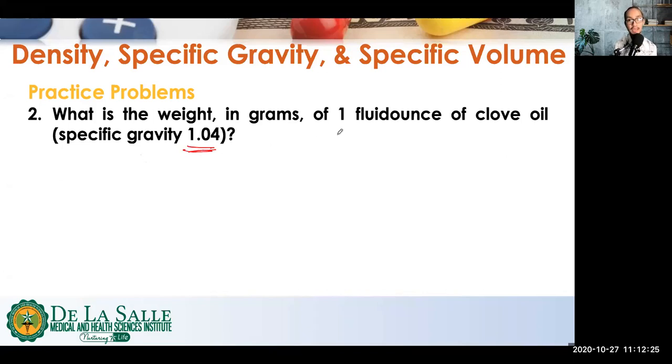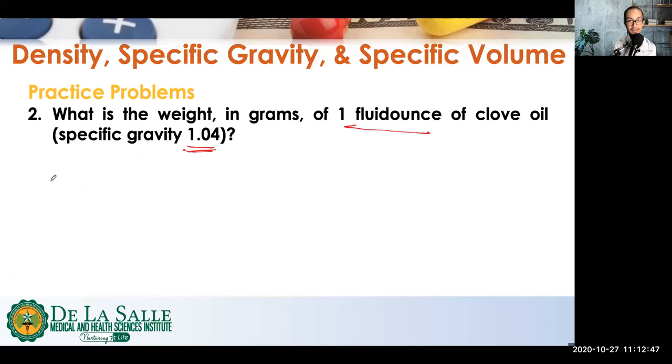So for you to be able to use this measure, okay, you need to convert it to metric system. Okay, yan. So hindi tayo gumagamit directly ng English units, either avoirdupois system or apothecary system in calculation of weights or volumes involving specific gravity.